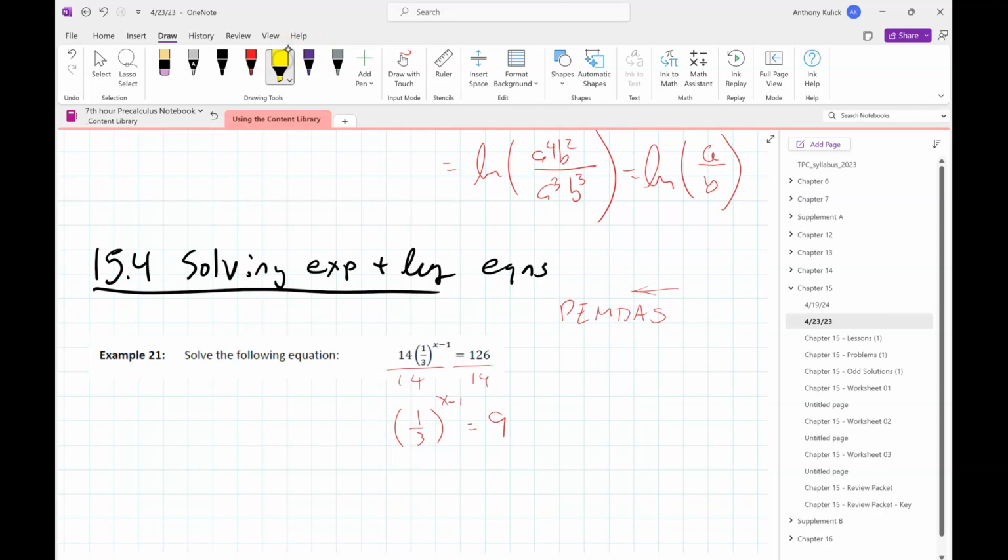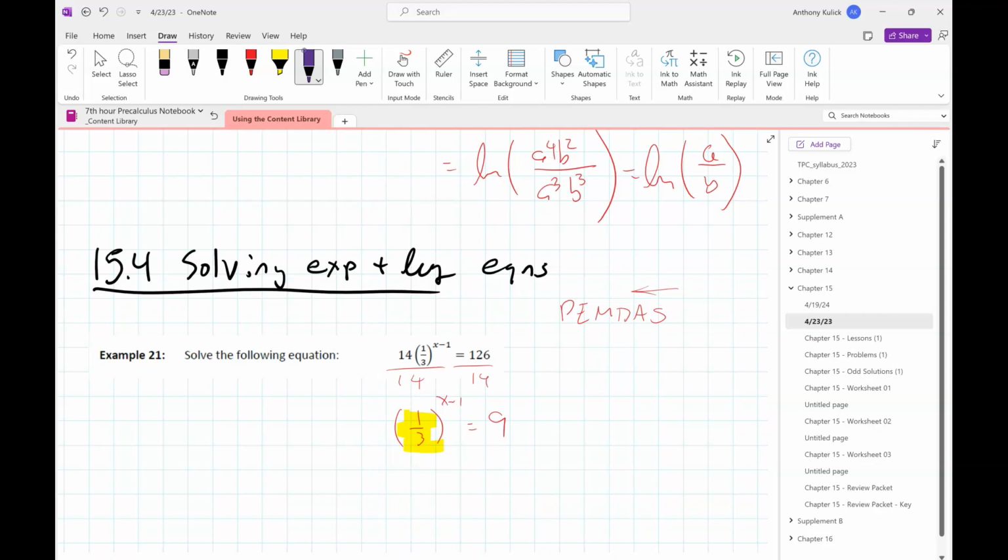Now, how do I cancel out this exponent base of 1/3? What do I need to do to both sides of this equation to cancel out that exponent base of 1/3? I need to use a logarithm. Any logarithm will work, but it could get messy.